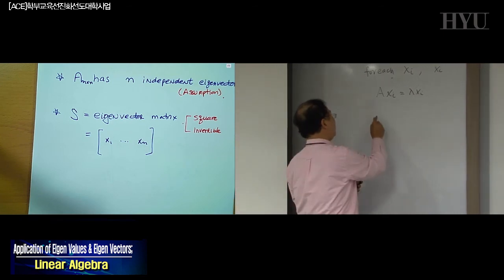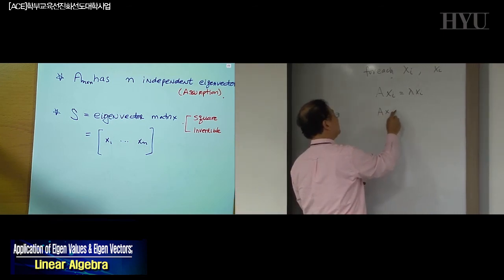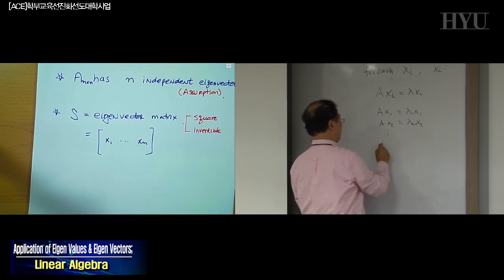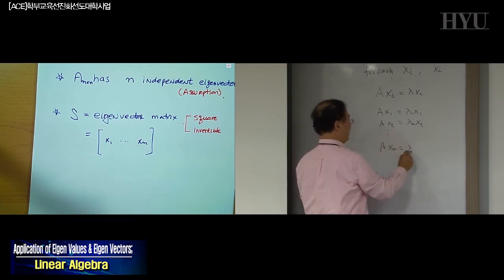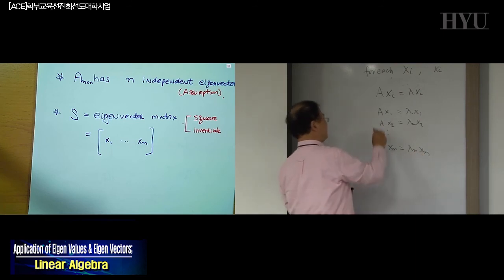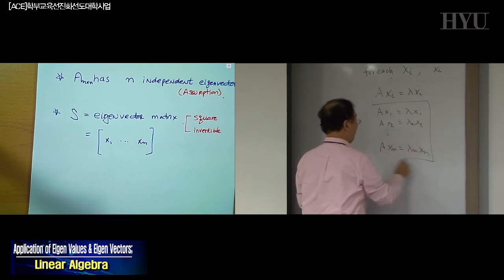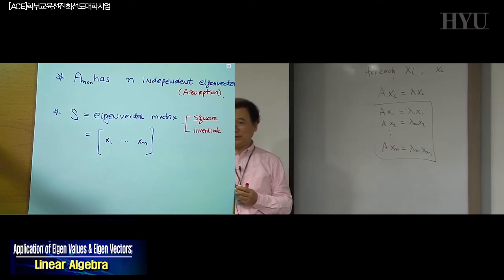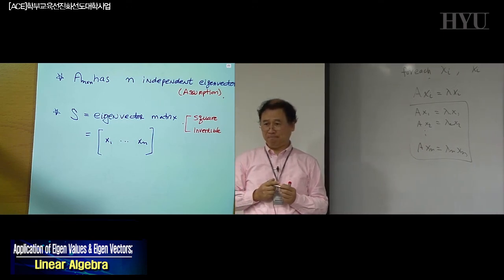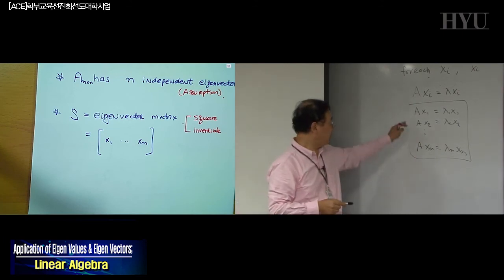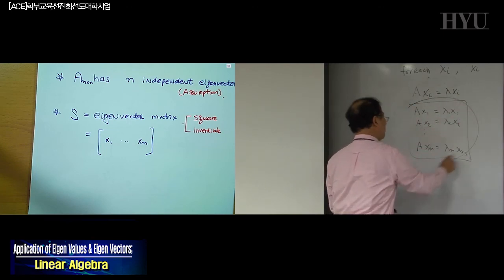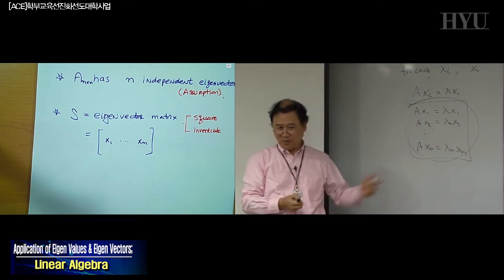So A x1 equals lambda 1 x1, A x2 equals lambda 2 x2, A xn equals lambda n xn, right? We have n equations. Can you write this as just one equation? Somehow, can you represent this as only one equation? Currently, we have n equations.